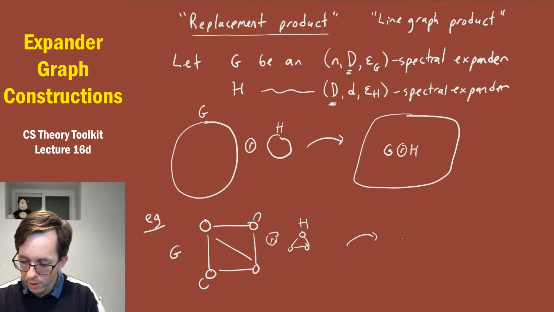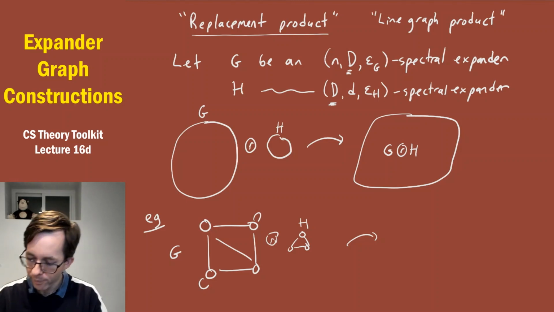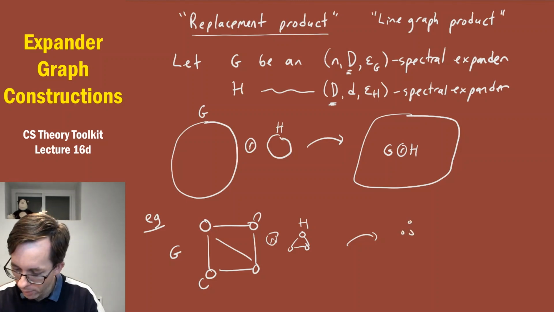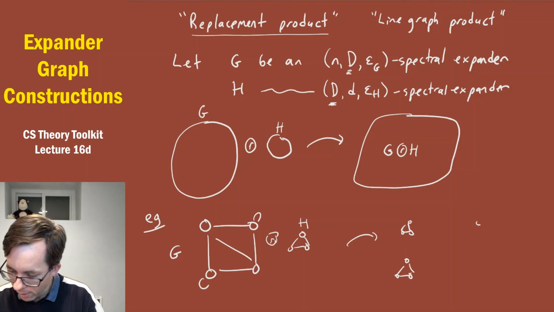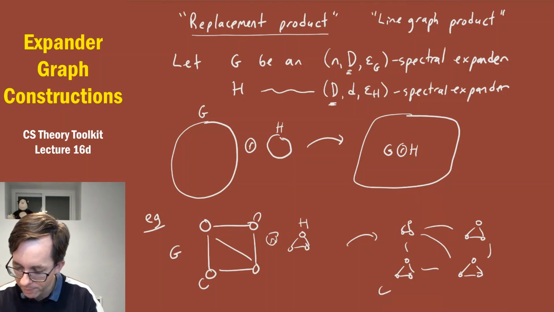Basically, you put a copy of H at every vertex of G. So let's do that. And then you put edges between these copies in the way that G had edges. So we need some edges here, and some edges here, and here, and here, and maybe also some self loops.